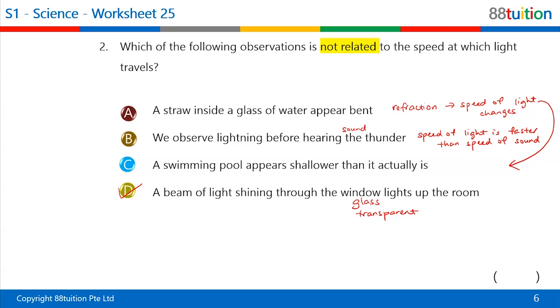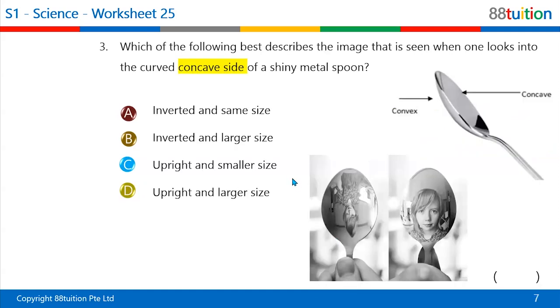Those who answered D, like Ananya and Hannah, both of you are correct. So please write down, only this one is about material because the beam of light can pass through the window. Nothing to do with the speed of light, really. Okay, let's go on.